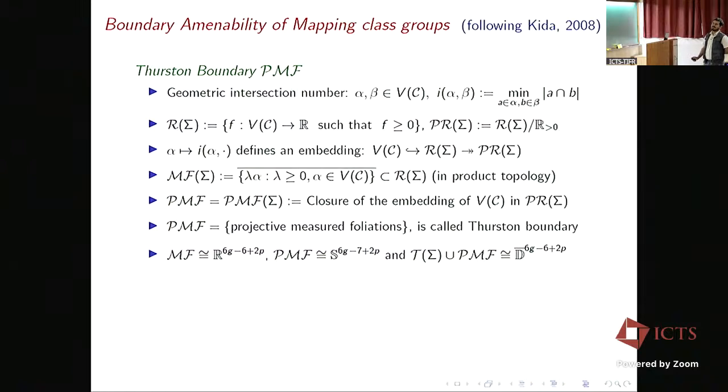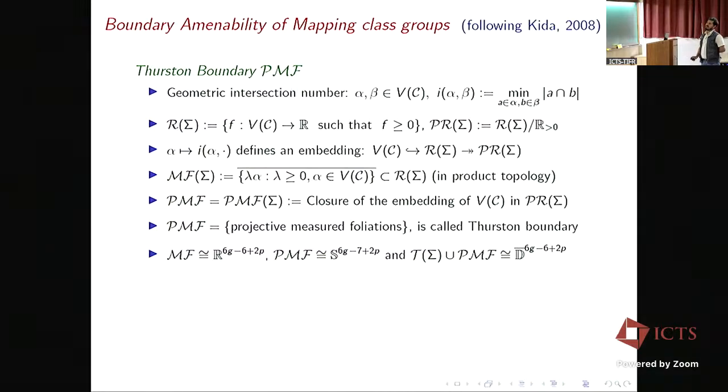these functions defined on the vertex set of the curve complex, which are non-negative, and by this PR sigma, we mean the projectivization of that. We quotient out all the functions by the action of the positive real numbers. So these are function spaces on the vertex set of the curve complex.